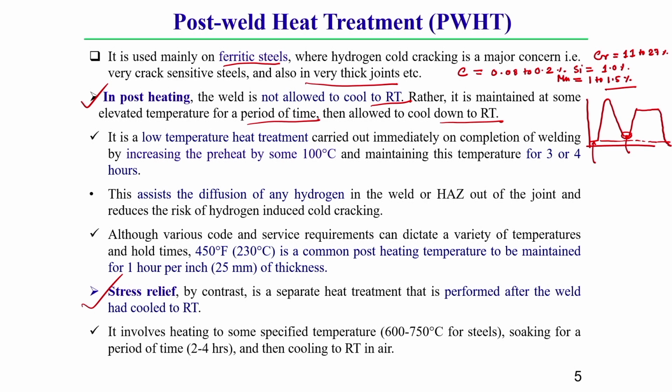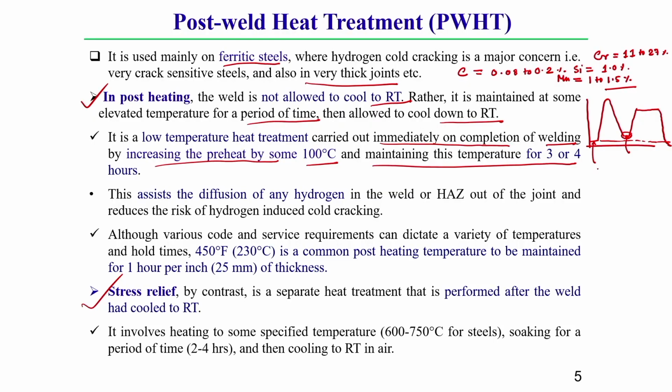It is a low temperature heat treatment process, generally carried out immediately after completion of welding by increasing the preheat by around 100 degree centigrade. That means, by increasing the temperature around 100 degrees above the preheating temperature and maintaining it for a period of around 3 to 4 hours, understand.